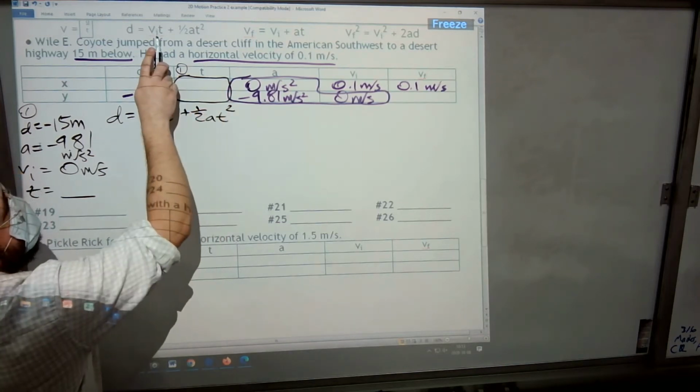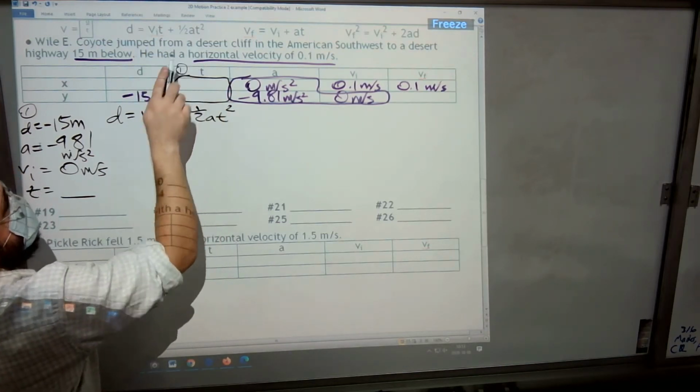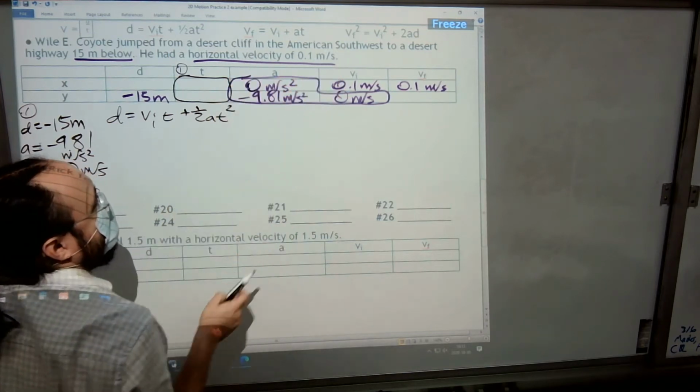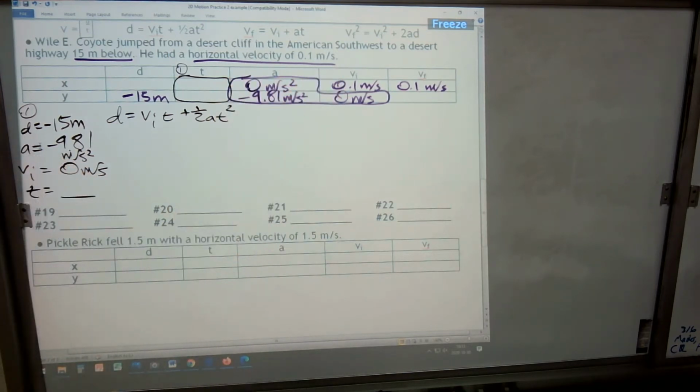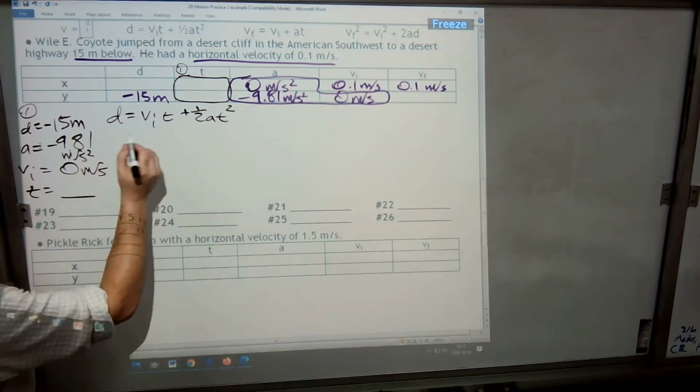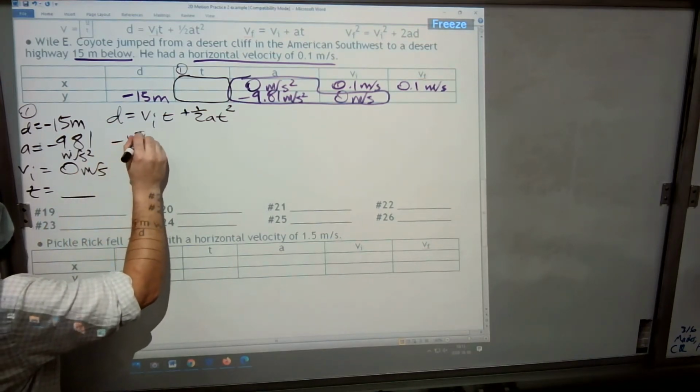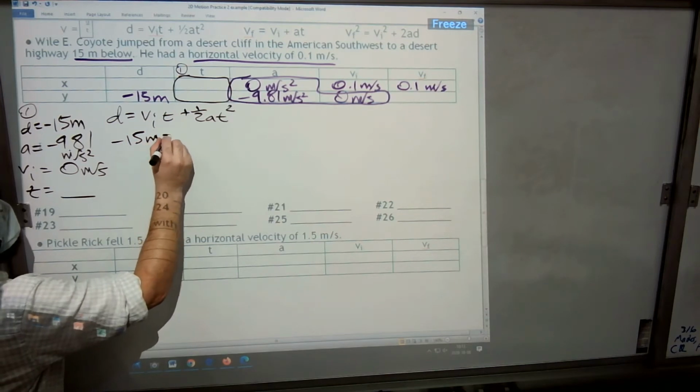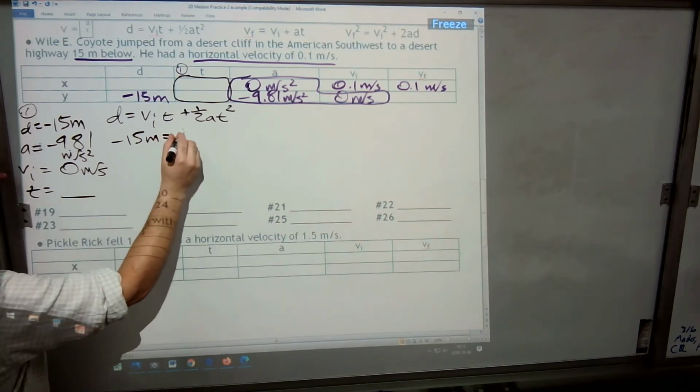And we've got our formulas right there. This is one that doesn't mention final velocity. This one's got it. This one's got it. So I just have to plug in and then solve for time. So negative 15 meters there. Initial velocity is 0.